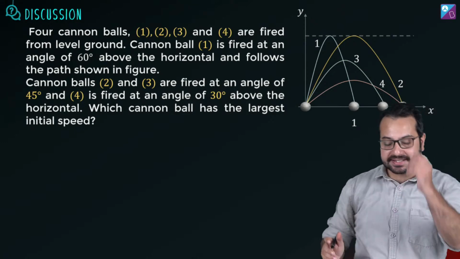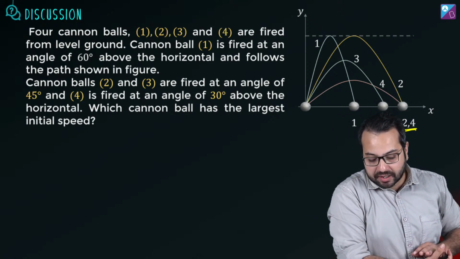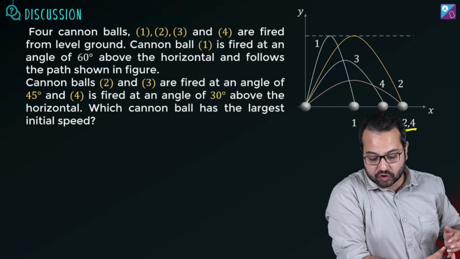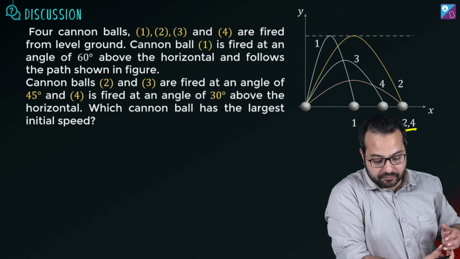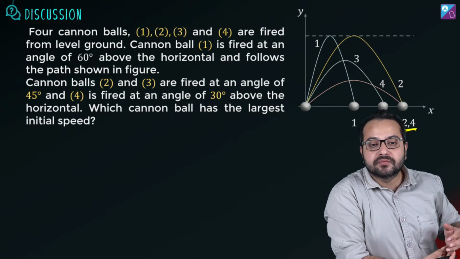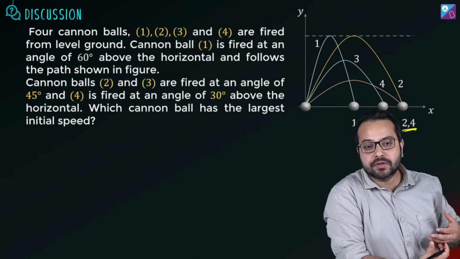Swastika is saying maximum range at 45 degree. ठीक है? Correct. Maximum range at 45 degree. That needs minimum velocity for same range. Okay. So you are comparing 2 and 4. Is that right, Swastika? You are comparing 2 and 4. So maximum range at 45 degree, ठीक है, understood.